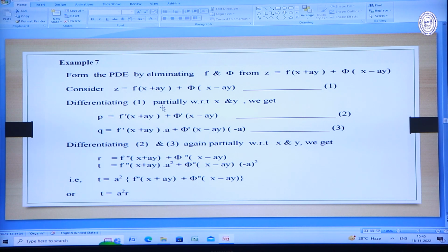Here the arbitrary functions are phi of x minus ay and f of x plus ay. To get a partial differential equation of this equation, we remove f of x plus ay and phi of x minus ay. For this, we differentiate this equation with respect to x and y, then we get this.